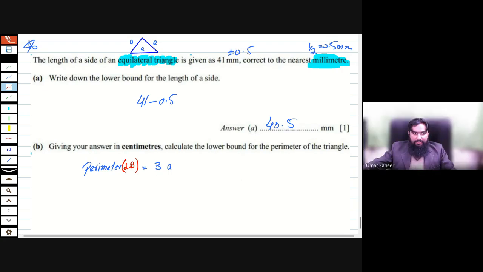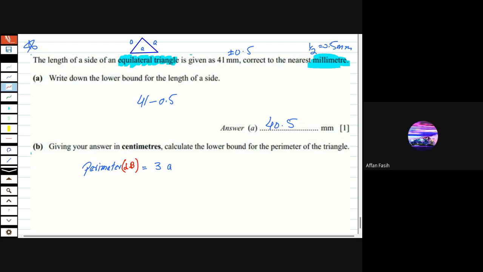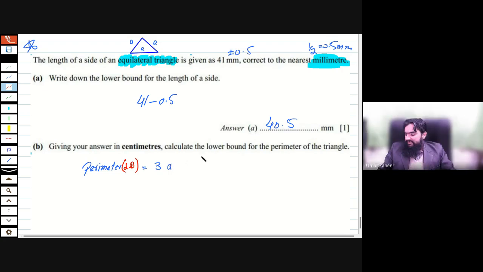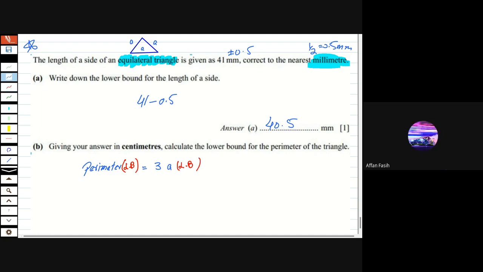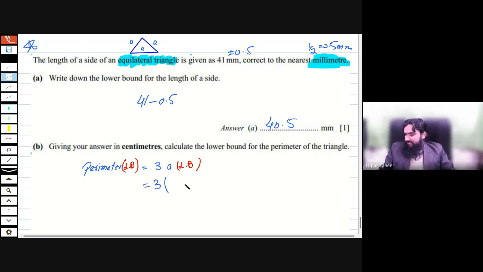You are adding, because it is A plus A plus A. So we have to find the lower bound, which means we take the lower bound of the value A. The length given is 41, and we take the lower bound, that is 0.5 less.